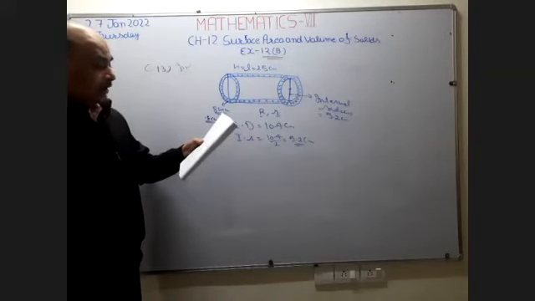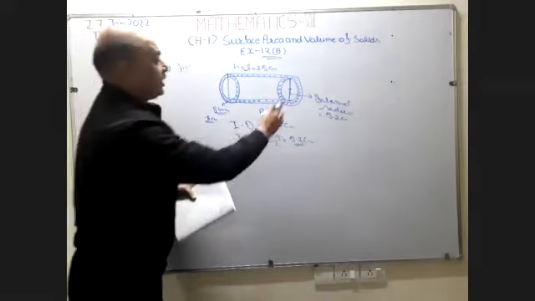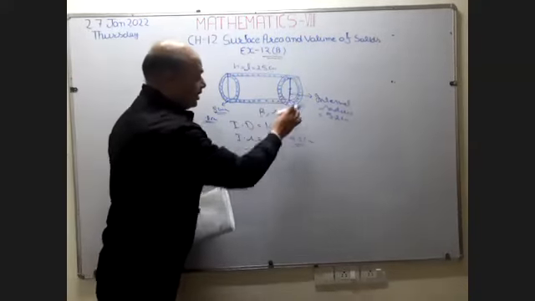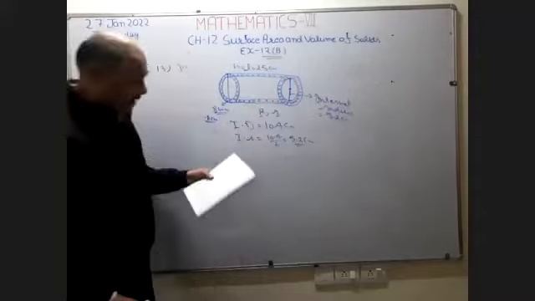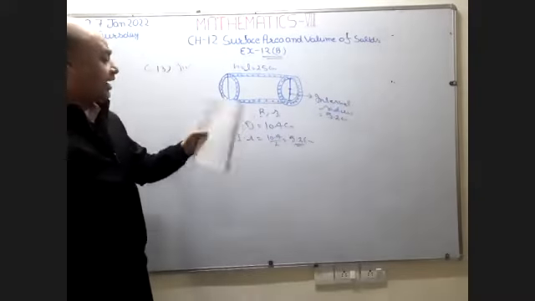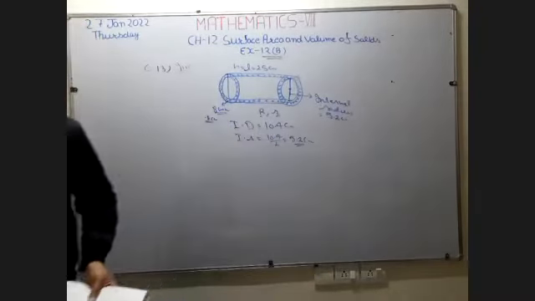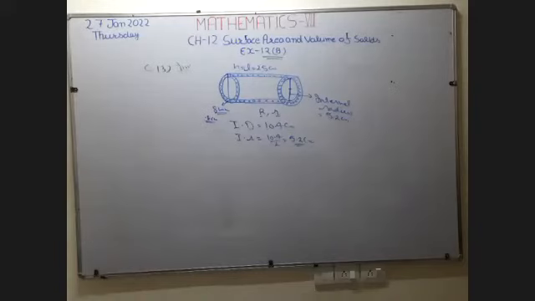Now I want to ask, what is the external radius? The internal radius in this question is given 5.2 centimeter, and the thickness of the pipe is given 8 mm, which means 0.8 centimeter. So my question is, what is the radius of the external pipe?